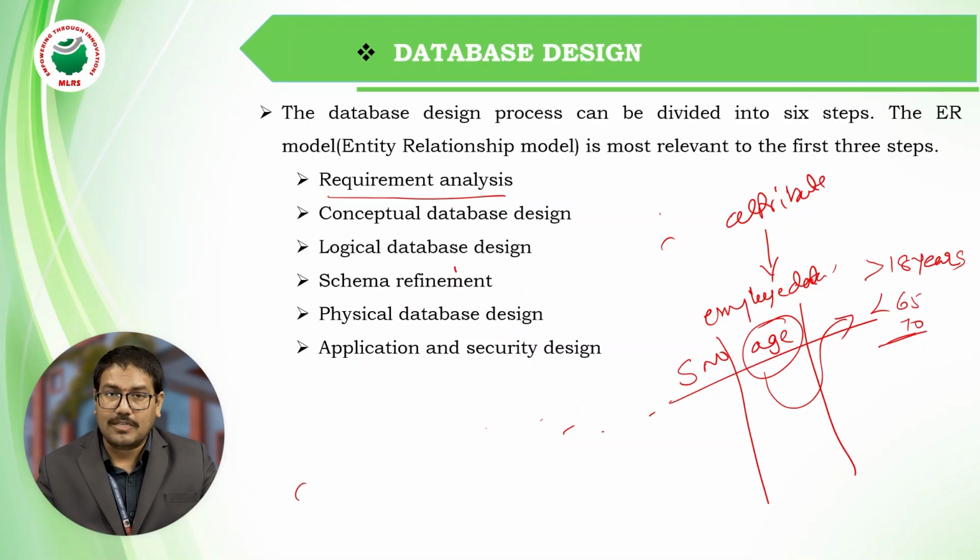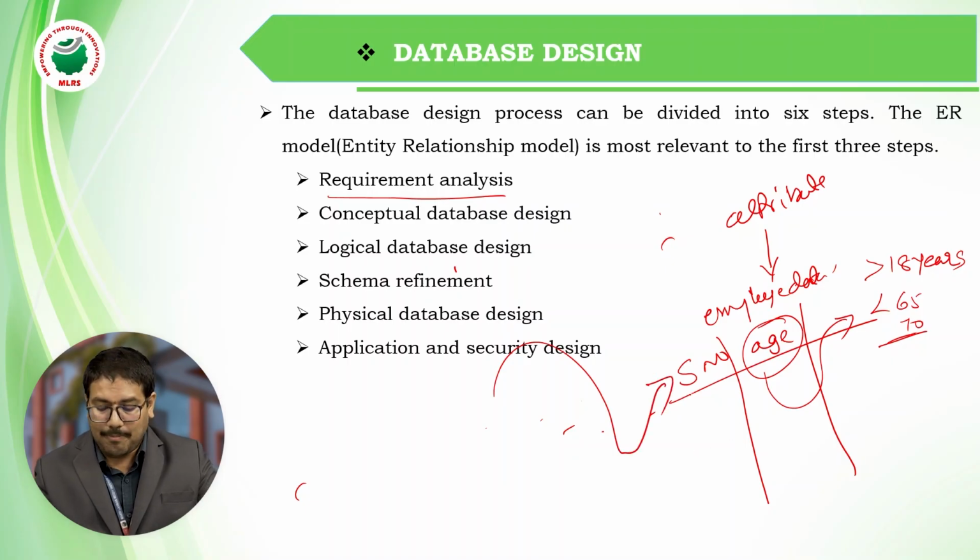That means whenever you want to insert an employee into the database, it will accept the employee serial number, but when you try to enter an age less than 18 years or above the mentioned threshold, it won't accept. This is the constraint.